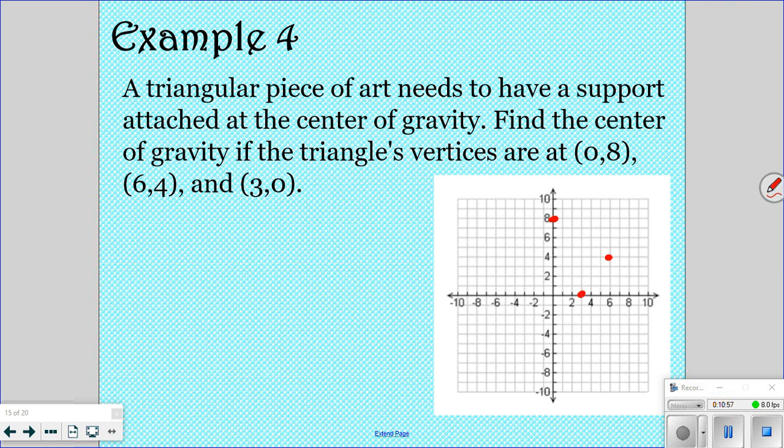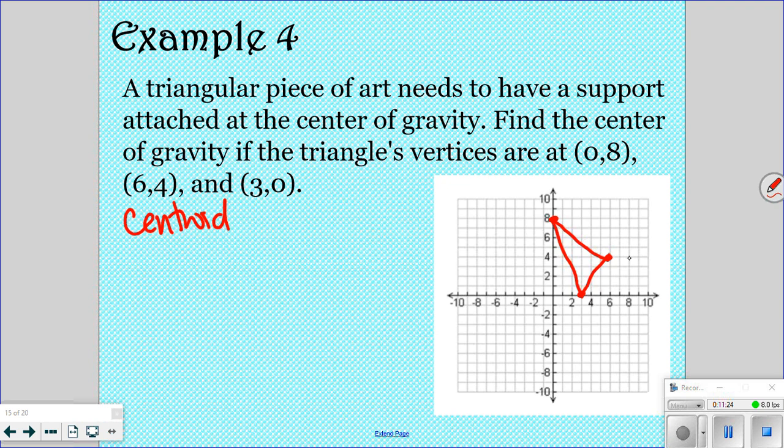And then that's our triangle. Now, what is the center of gravity? Am I looking for the centroid, or am I looking for the orthocenter? I'm looking for the centroid.